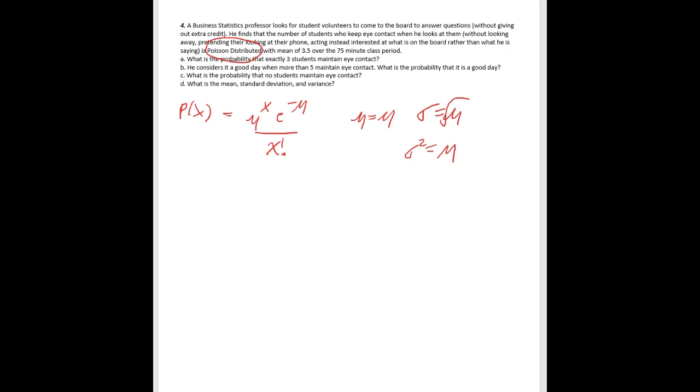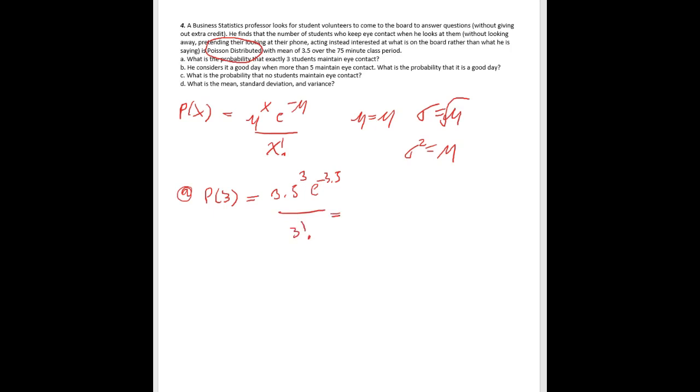All right, so what is the probability that exactly 3 students maintain eye contact? We're just saying, what is the probability of 3? Well, we can do that here. So mu is our mean, so 3.5 to the x, 3, times e to the negative mu, negative 3.5, over 3 factorial.